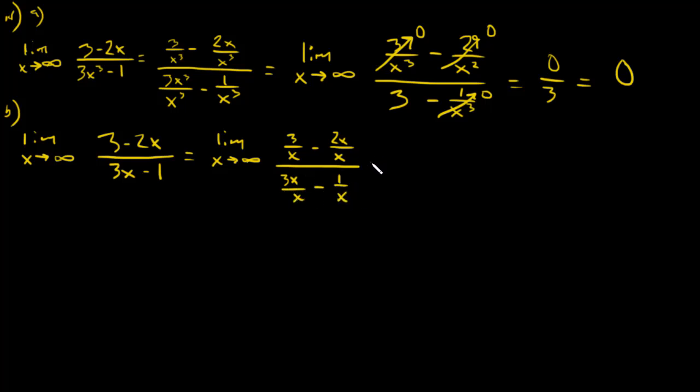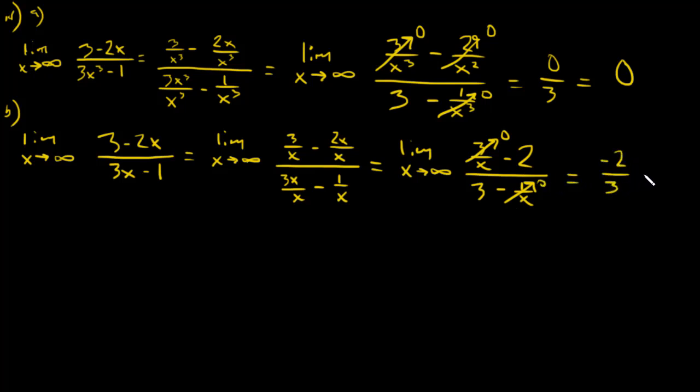All right, that can simplify into the limit as x goes to infinity of 3 over x minus 2 over 3 minus 1 over x. Well, when I apply the limit, this term goes to 0, as does this one, and I'm left with negative 2 over 3, which is negative 2 thirds.